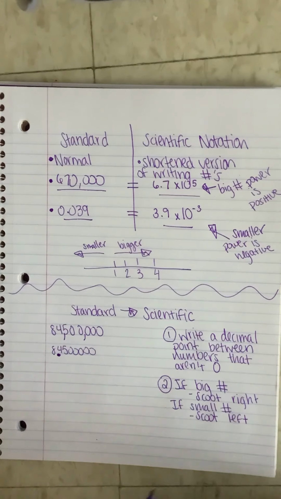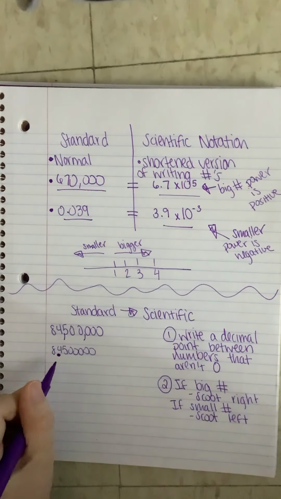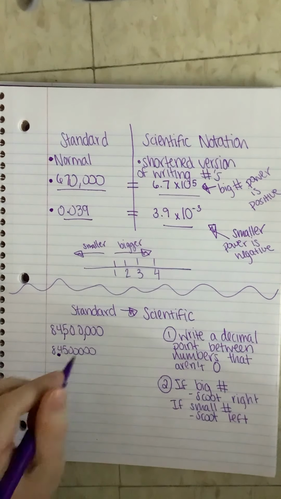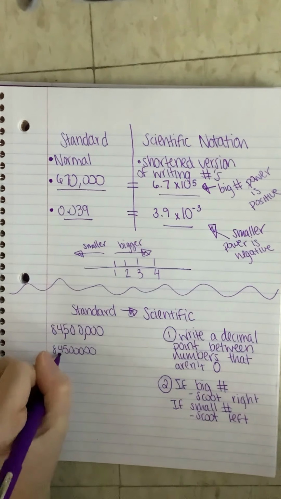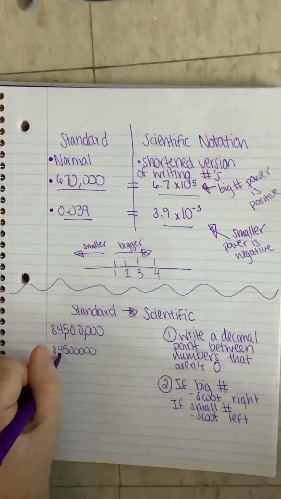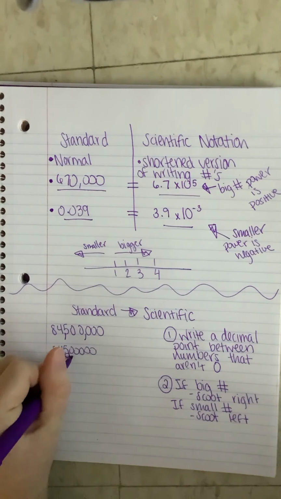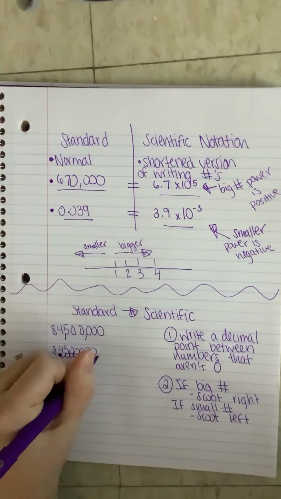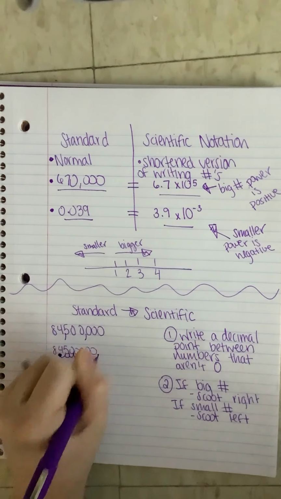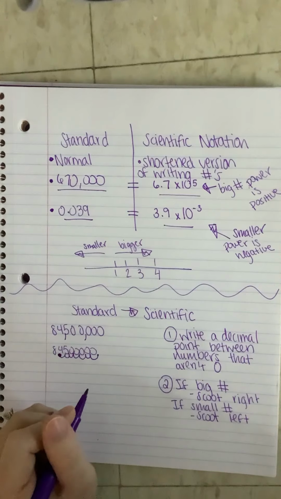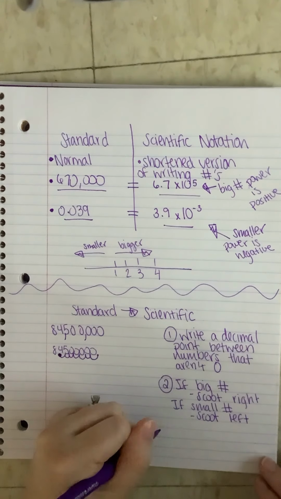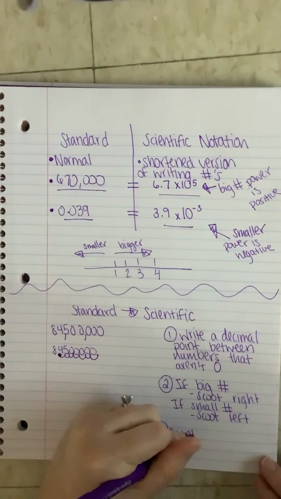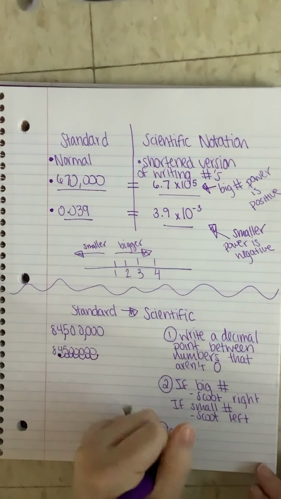So this is a big number. I'm going to start at my decimal point and scoot right until I get to the end. So watch, guys, and I want you to write this exactly like I am. 1, 2, 3, 4, 5, 6, 7. I scooted 7 times. So your third step, just like we just did, is to count the amount of times you scoot.